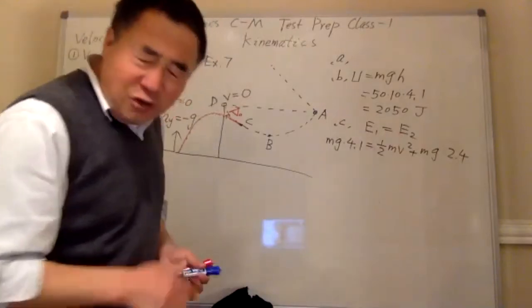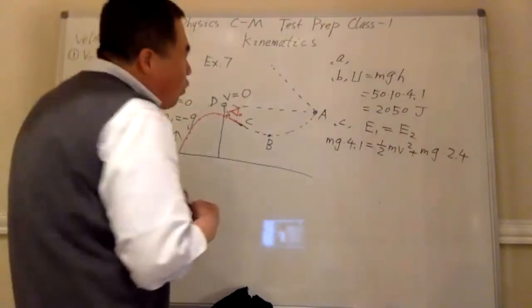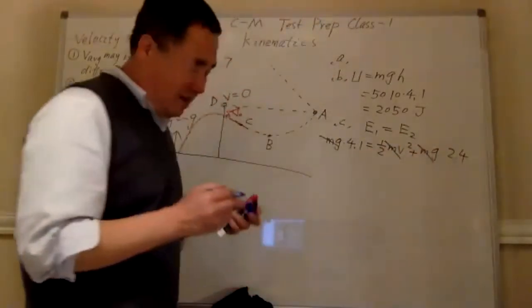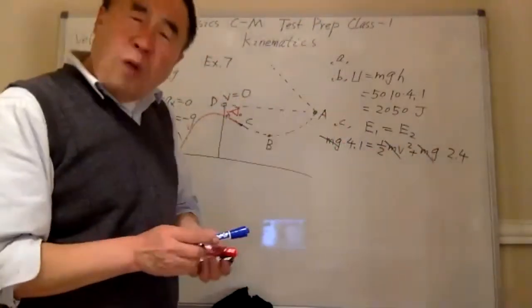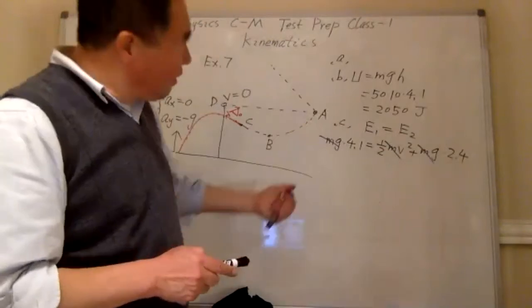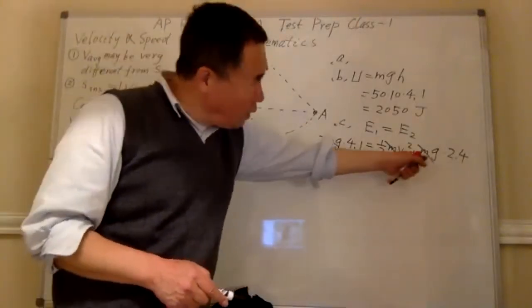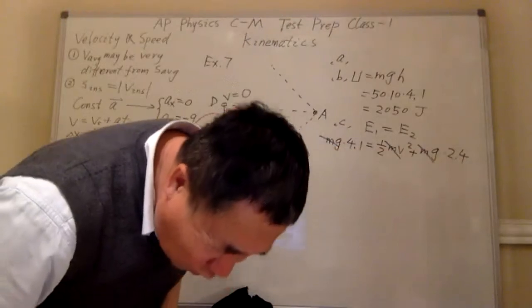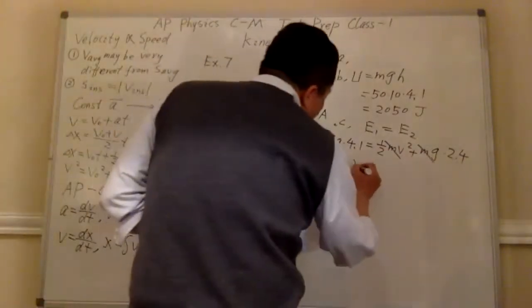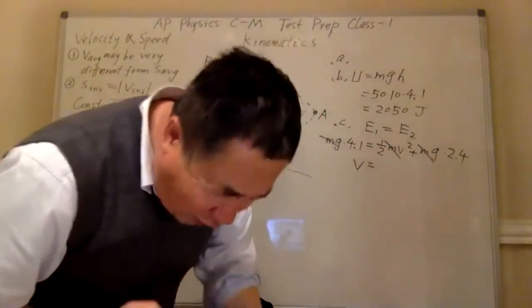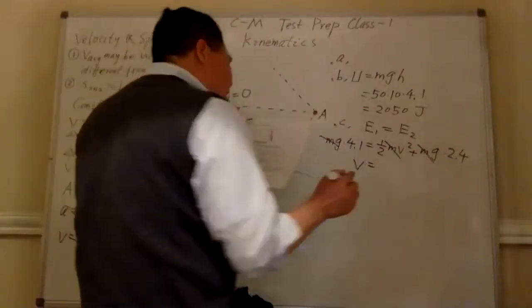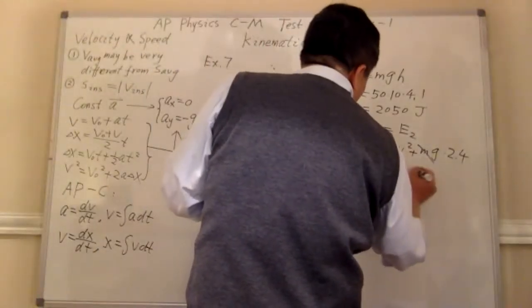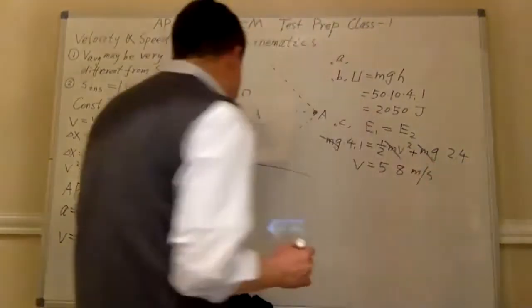Because we cancel out the m, which reduces the calculation, and then we don't need to worry about a carried mistake. Then we get this equal to 5.8 meters per second.